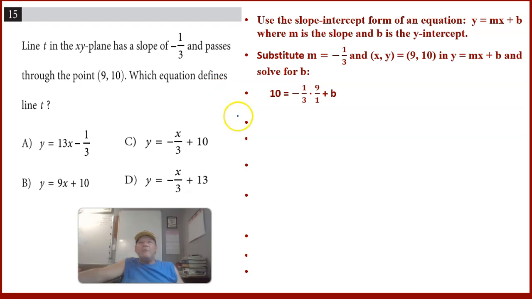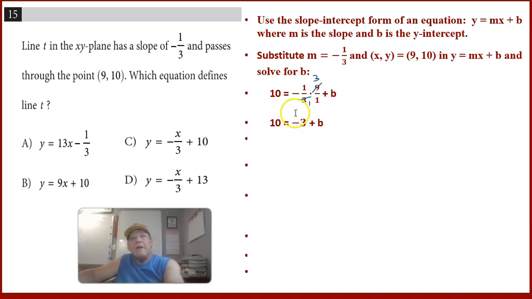So all I did was just use the substitution property of equality to substitute those points in. Now look what happens. I've got a common factor of 3. 3 goes into 3 once. It goes into 9 3 times. So you're going to have -1 times 3 over 1, which will be -3 plus b on the right.